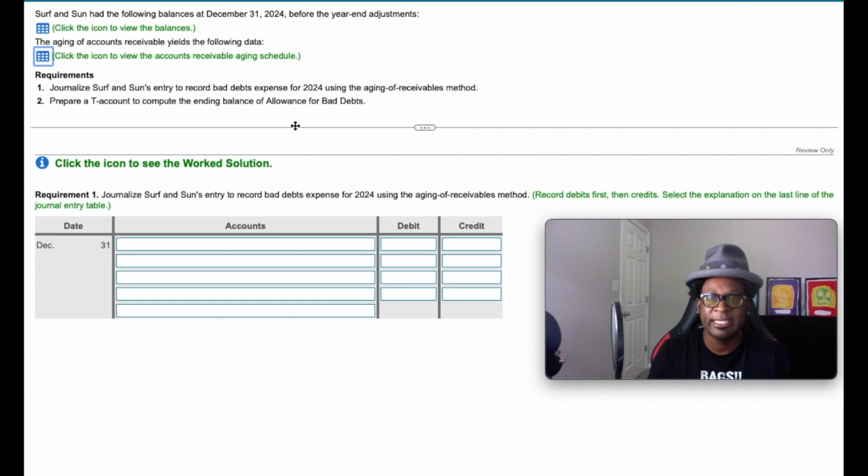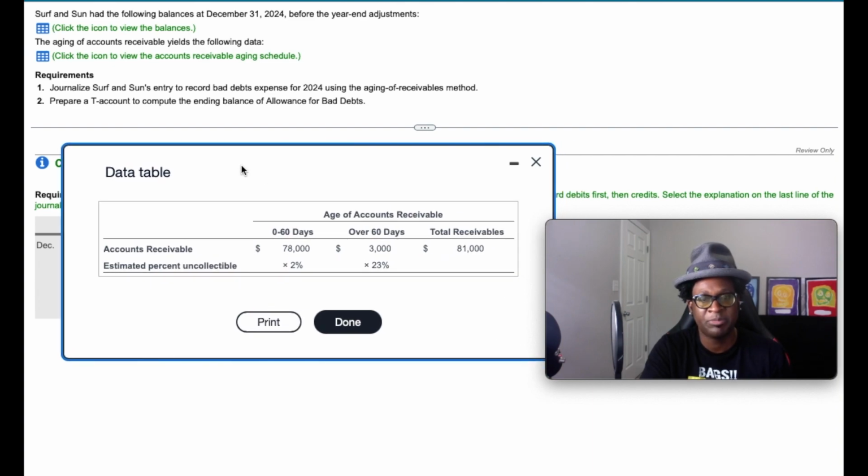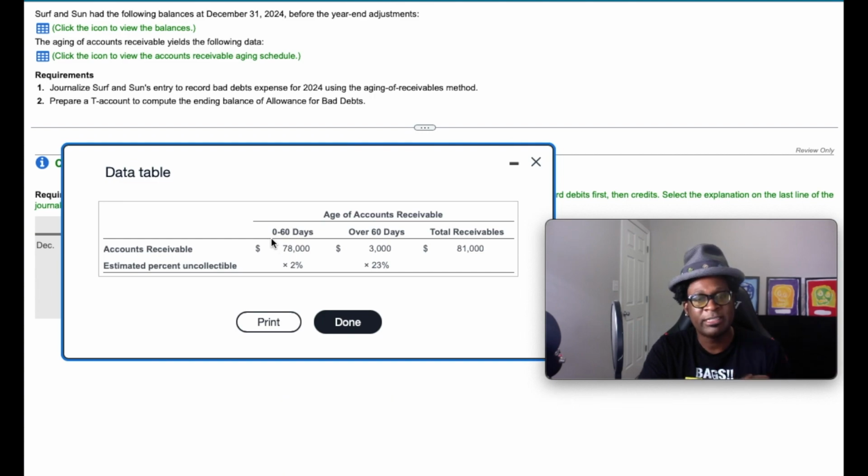So what am I saying, gang? If we take a look at this table that's given to us, this is a beautiful example of an aging table. The aging table takes the total amount of the accounts receivable and itemizes it based upon the amount of time that has passed without being collected. We can see that we have an amount of $78,000 that represents uncollectability from 0 to 60 days.